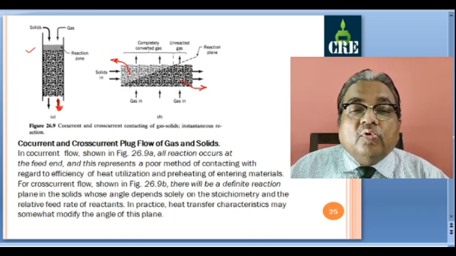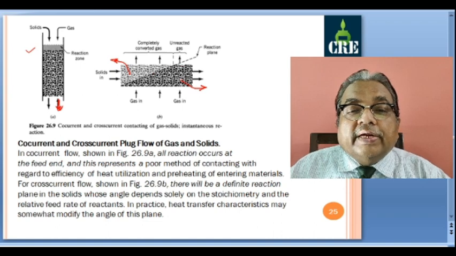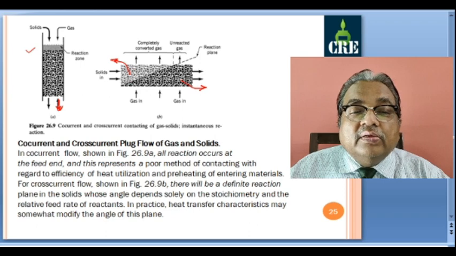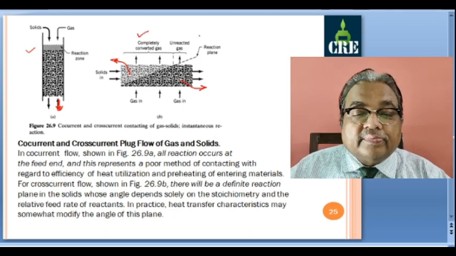So in cross current flow we have this kind of arrangement, so here it is completely converted, so gas is flowing here. So unreacted B is not available, so complete gas leaving at this end is unreacted. Whereas here the gas is entering, fresh feed is available, so completely converted gas you will get here.